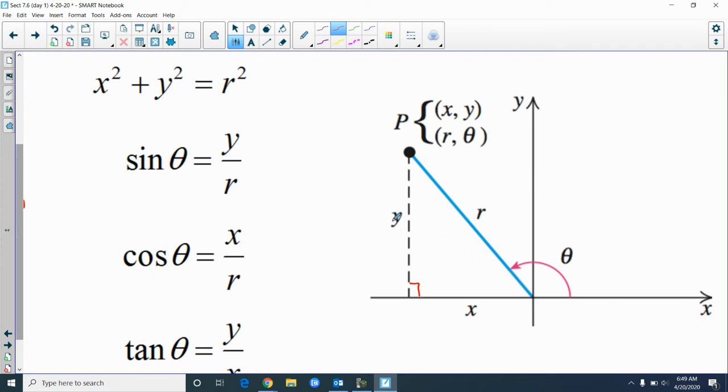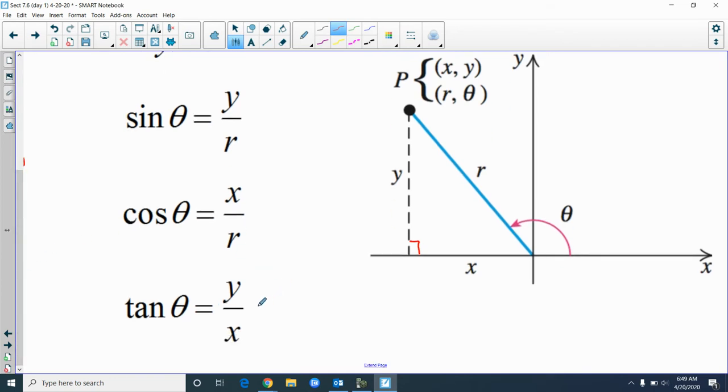The sine of theta is opposite over hypotenuse, so sine of theta equals y over r. Cosine of theta equals x over r, adjacent over hypotenuse. And tangent of theta equals y over x.